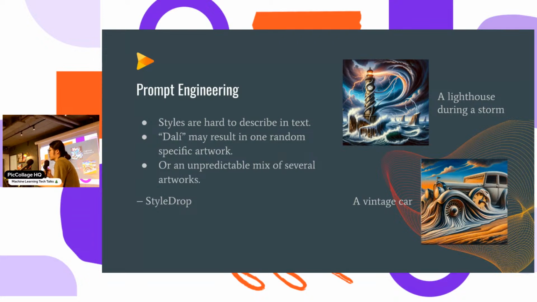It probably will be the most famous one. If the artist is Van Gogh, it probably will be the Starry Night. If we choose Da Vinci, it probably will be the Mona Lisa. And the second case is it will try to blend in several artworks of the artist or the name you provided.